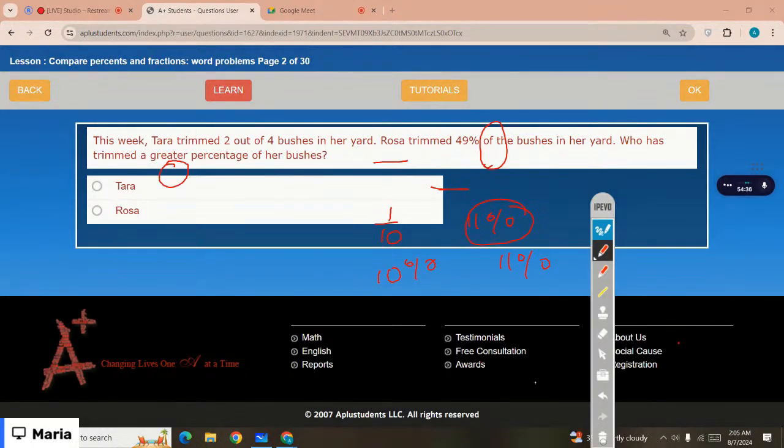This week, Tara trimmed 2 out of 4 bushes in her yard, and Rosa trimmed 49% of the bushes in her yard. Who has trimmed a greater percentage of her bushes? 2 out of 4 and 49%. So, who did more?